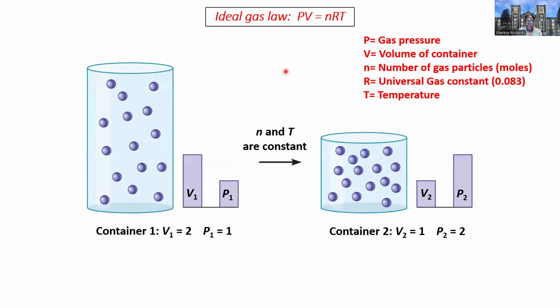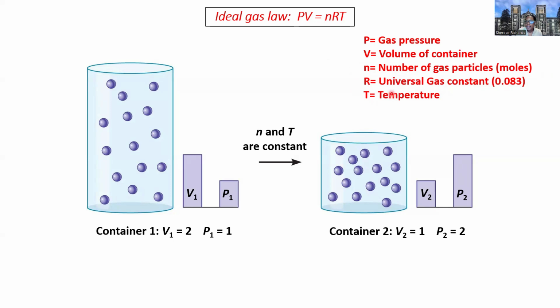All right, another law that we need to think about that has application with this is the ideal gas law. The ideal gas law says that pressure, which is the pressure of any gas, times volume, which is the volume of the container, is equal to these three values: n, which is the number of gas particles in moles; R, which is a universal gas constant, so this is also constant, and that is 0.083; and then T, which is the temperature, which is also usually pretty constant.